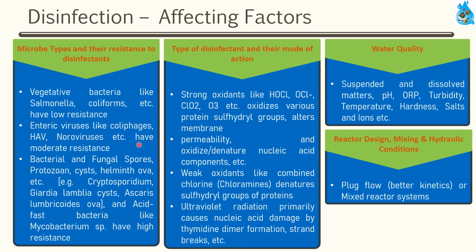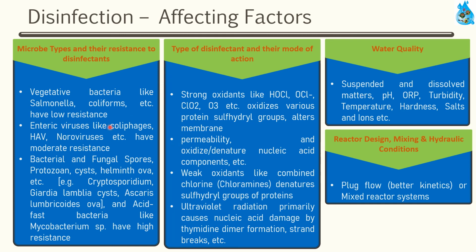Enteric viruses like coliphage, HAV, noroviruses, etc. have moderate resistance. So these microbes have their own resistance to disinfection, and sometimes we need to change the quantity and quality of the disinfectant to get an effective result.